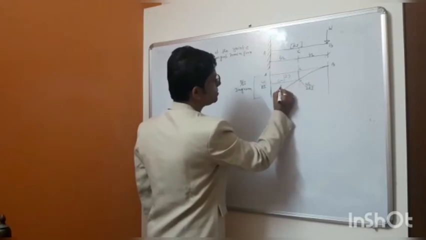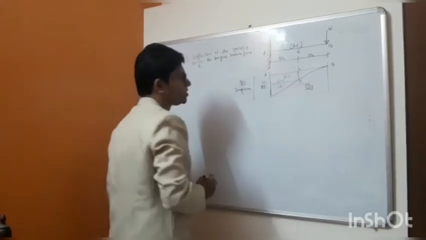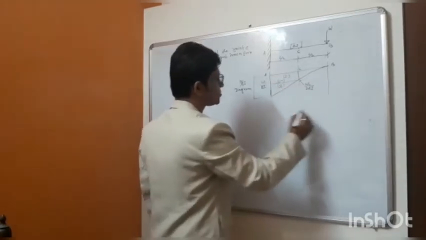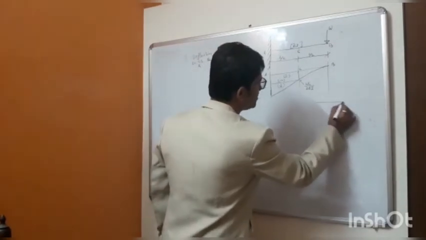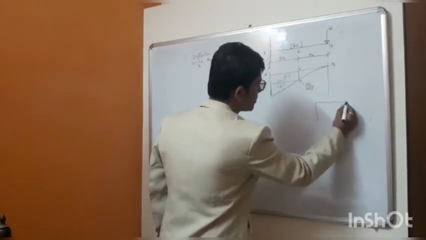another is the triangular part. So let us draw it separately. This is the rectangular part.